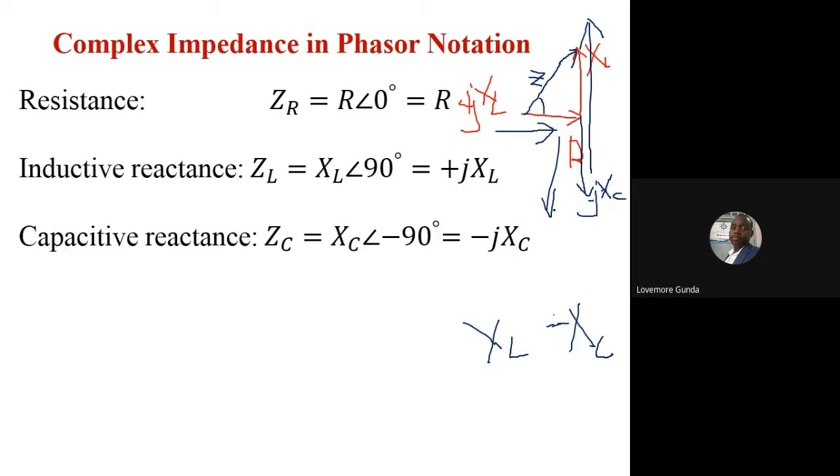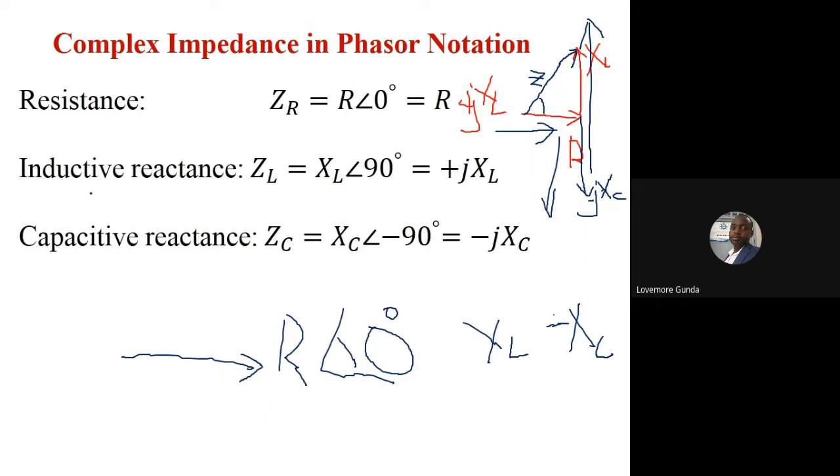That is basically the whole thing in this kind of scenario. So when you are given a resistance, it means the resistance is always in the real axis. That's why the angle is equal to 0 degrees. It's always on the real axis.